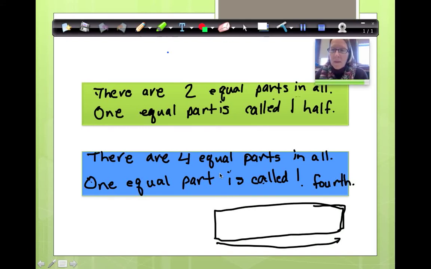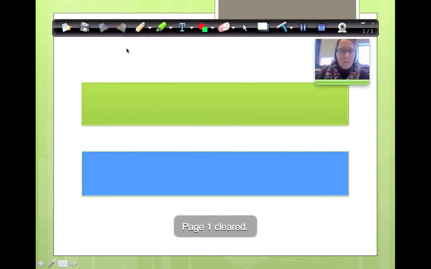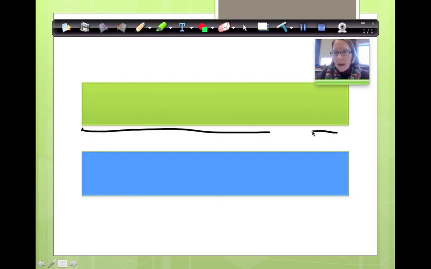Now I'm going to erase all of this so I have new fraction strips. You need to get another fresh fraction strip. This time, I want you to take this side, and fold it in half along the short line of symmetry.